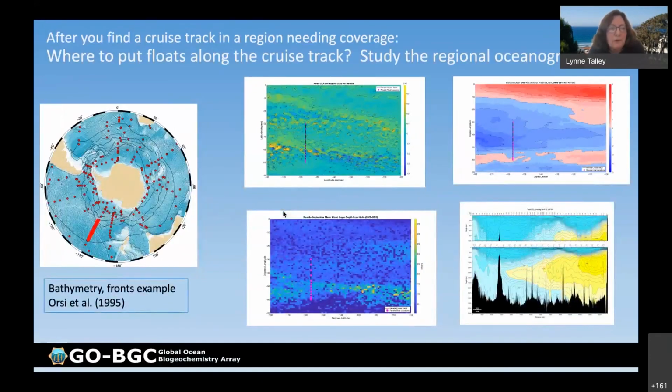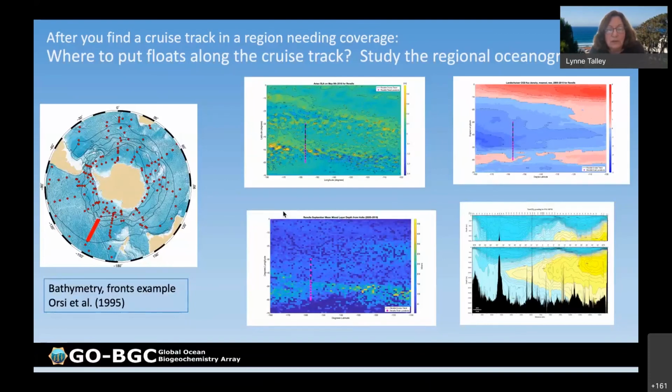If we found a suitable cruise going someplace where we want coverage, this is an example from Barney Balch's cruise this past season for SOCOM. We may want to take in regional features, and I think it's absolutely essential to study the regional oceanography as you're putting your precious floats, very few floats, usually 6 to 10 floats, onto a ship and putting in the time and resources to manage that.